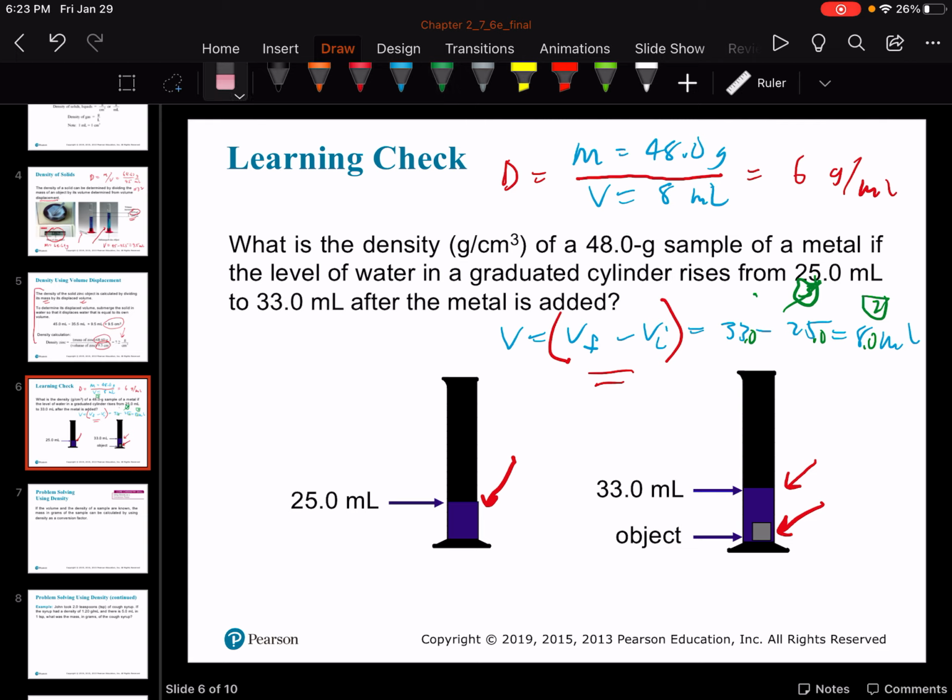It's going a little too fast there. Okay? This is 3 sig figs. This is 2 sig figs. And so the answer can only be in 2 sig figs, and so it's going to be written as 6.0 grams per mil. If that was a little too fast, if you're wondering why I said 2 sig figs, then do that math right there. Go do that math and tell me what the answer is.